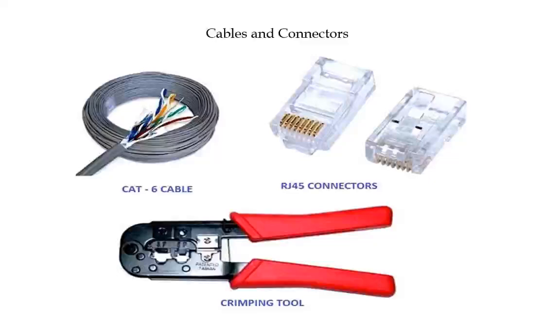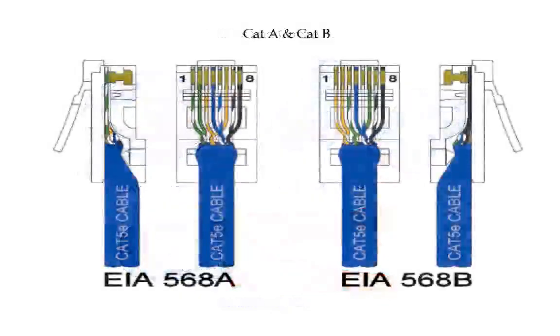While crimping the connectors at its end, we have to follow a color code. That color code methodology is classified into two types, category A and category B. Usually category A is EIA 568A and category B is EIA 568B of the IEEE standard. So you can see the cable from 1 to 8.